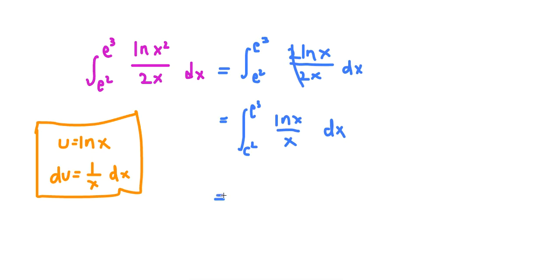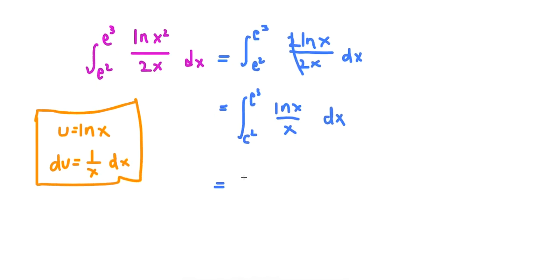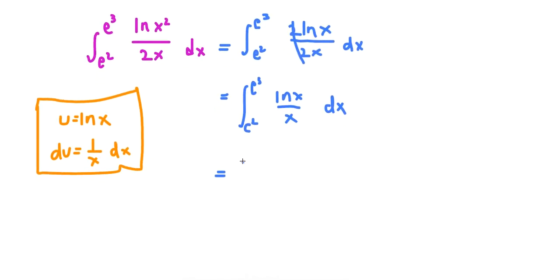Now let's substitute back in. Starting with our limits here, we want our integral in terms of u, not in terms of x, so we're going to have to change those. So now we're going to plug this in as our x value here.